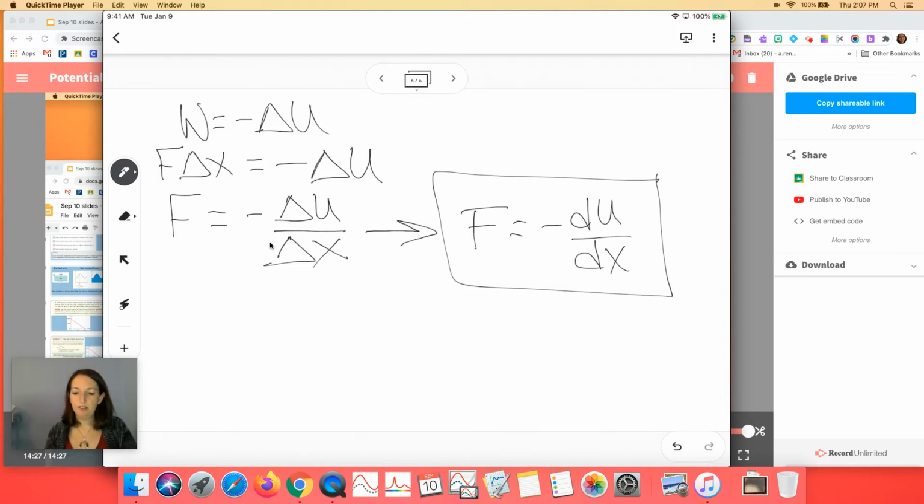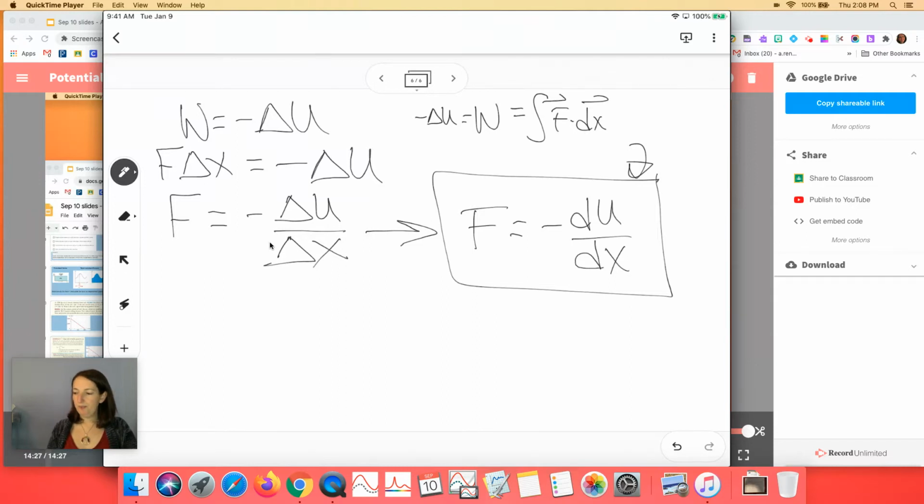You see things like this on your equation sheet, and recognizing that that's related to the potential energy, you can remember it that way. But this is probably worth putting in your memory bank.